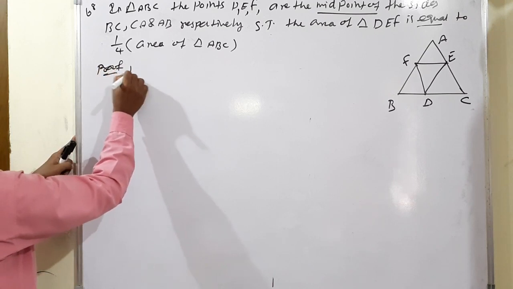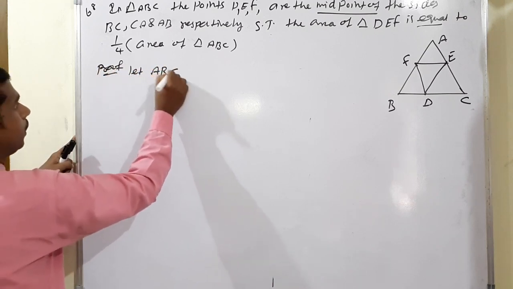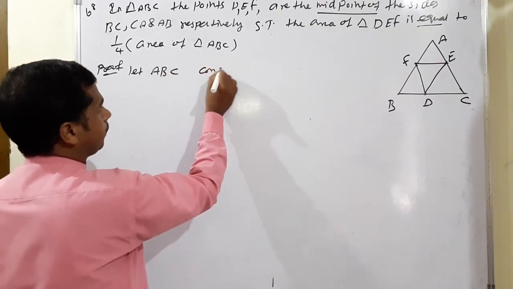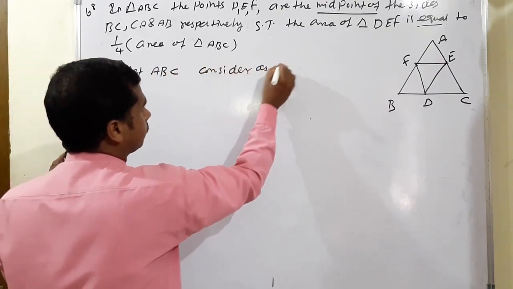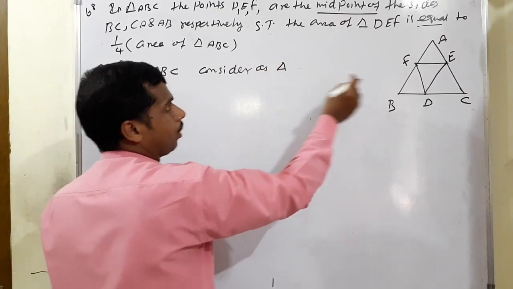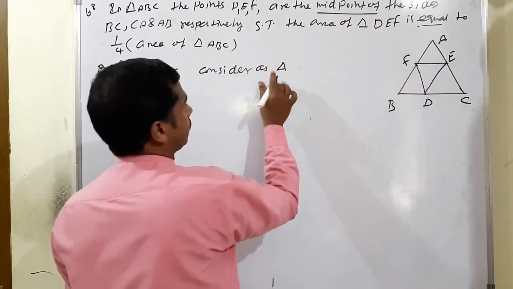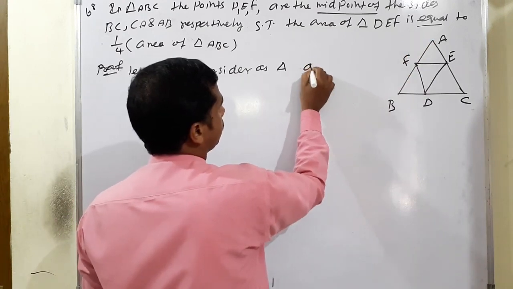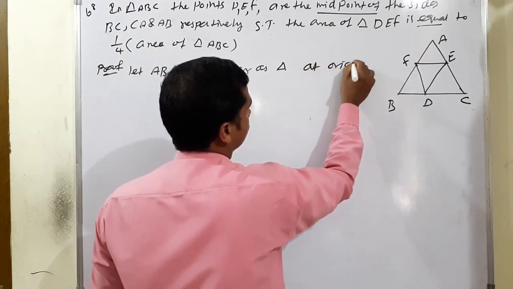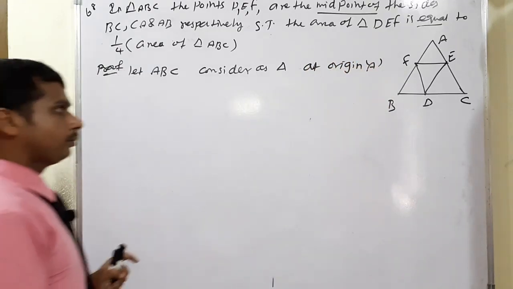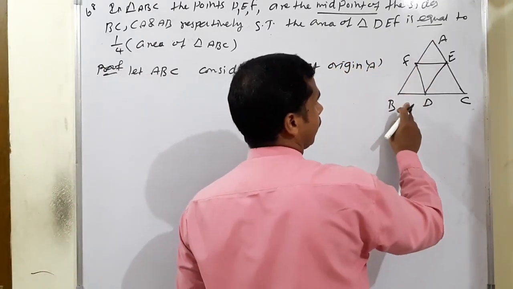Proof. Let ABC be a triangle, with origin point A. Okay, instead of O, we have to take the origin point A. Then each and every position vector we have to identify.